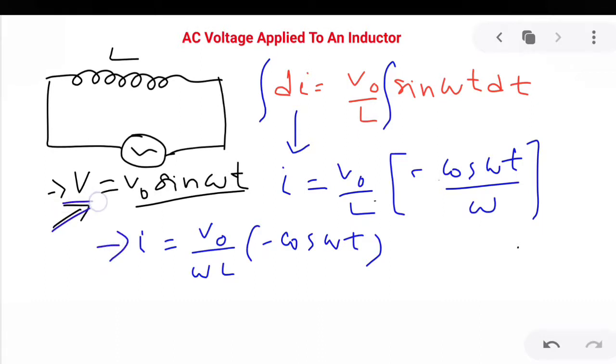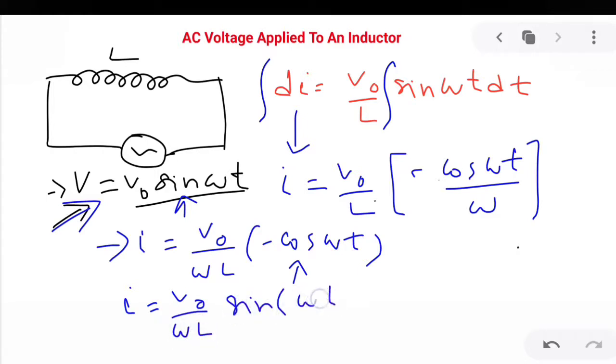This is the equation for voltage. Now, to compare the phase, the trigonometric term should be the same. Here we have sine and here we have cosine, so we have to convert this cosine into sine. I can write this as I is equal to V naught by omega L sine omega t minus pi by 2.